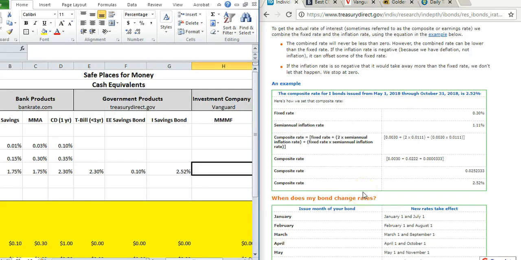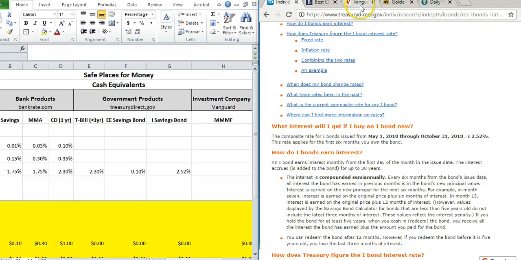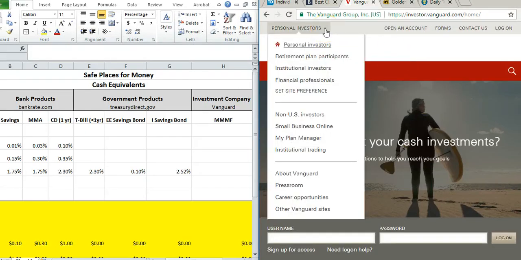Okay, the last one, the money market mutual fund. Remember, the difference between this and a money market account is that it is not insured. It doesn't have that FDIC insurance component. It is, in my mind, a temporary holding spot for your money until it's invested. So I'm just going to go to Vanguard right here. And when you're in Vanguard, all we're looking for is general information.